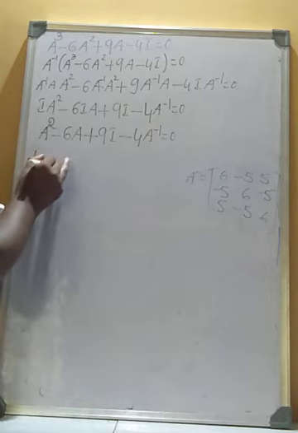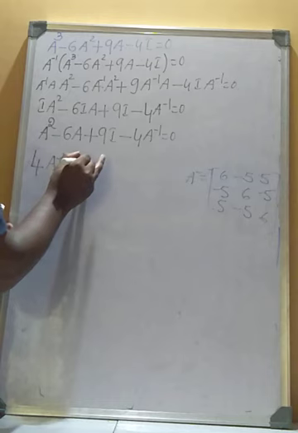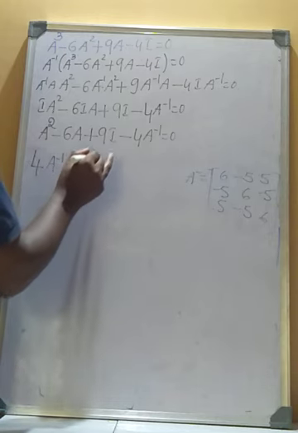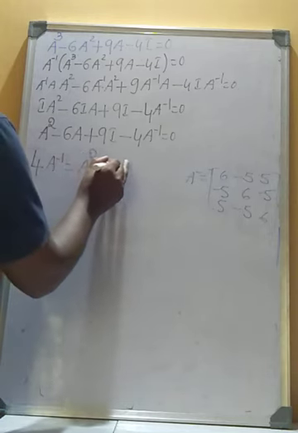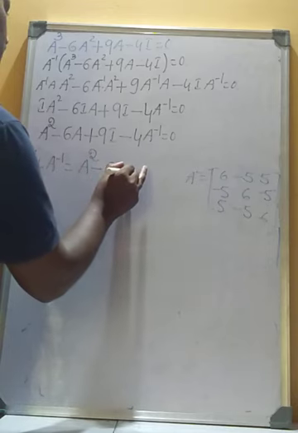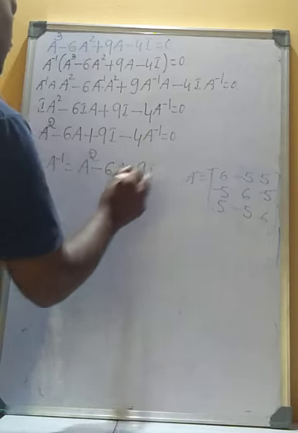Therefore 4A inverse is equal to A square minus 6A plus 9I.